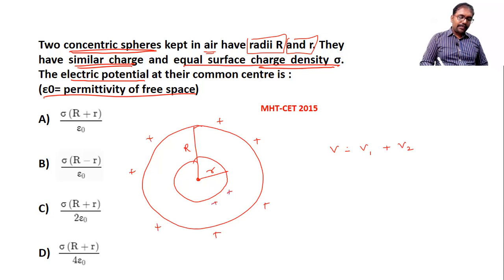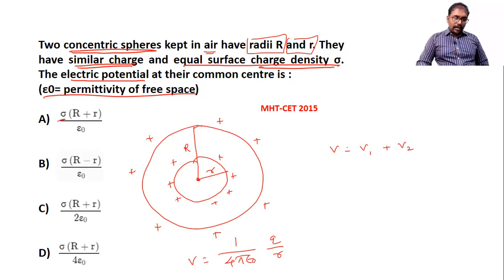Now the potential formula is 1 upon 4 pi epsilon 0 into Q by R. But we have to write the formula in terms of sigma. Let me write this formula in terms of sigma.